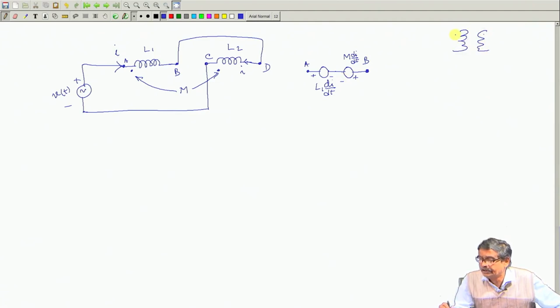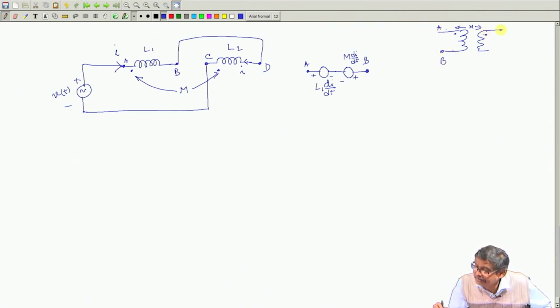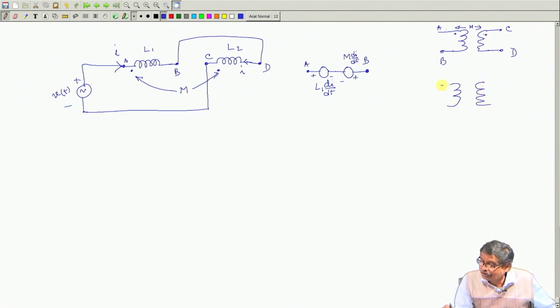Suppose there are two mutually coupled coils which are shown with dots, and this is the mutual inductance. Suppose this is A, this is B, this is C, in general I am telling D. Now, if these two dots are given, it is also equally correct that the other two terminals will also have like polarities.